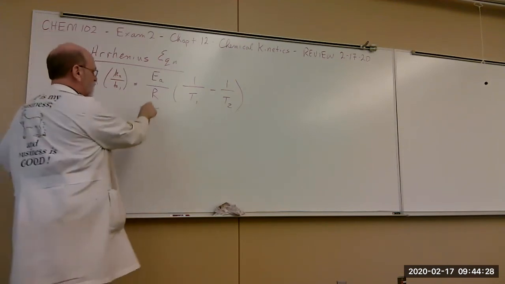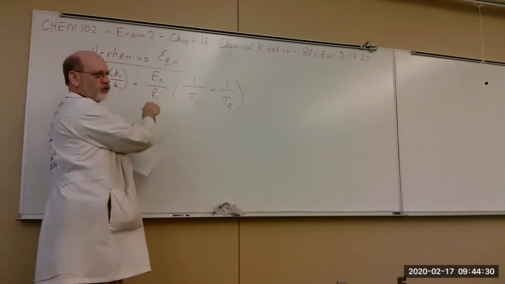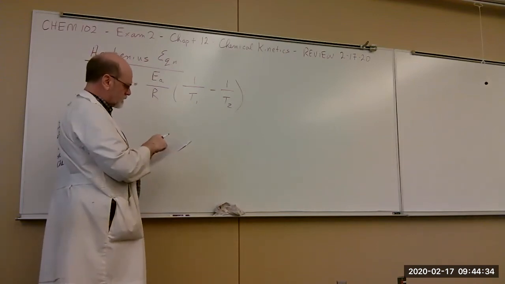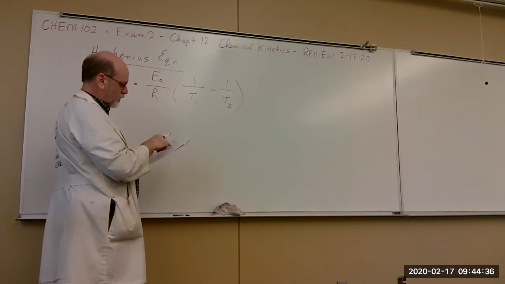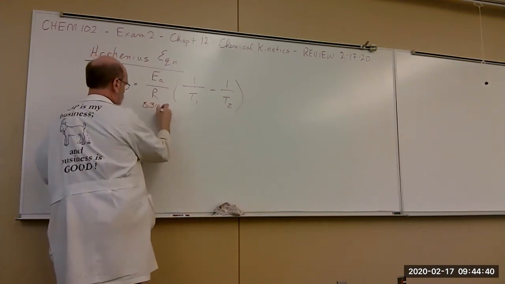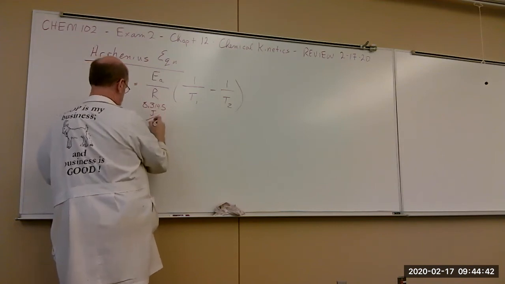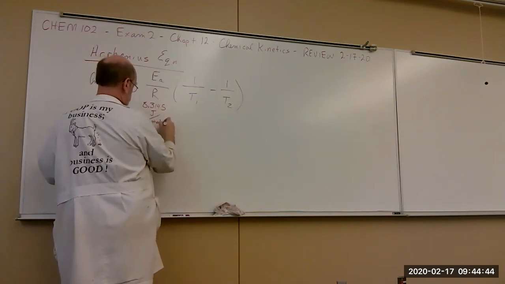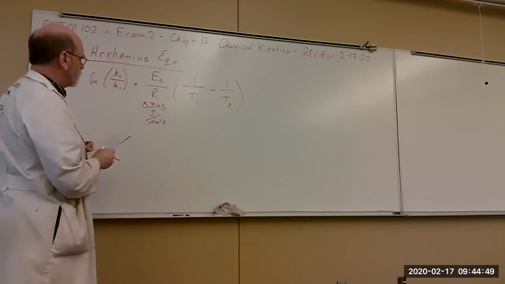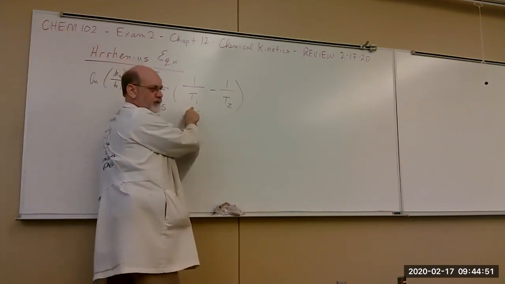Now, this is going to be the R with the joules in it, 8.3145 joules per mole K. These are going to be temperatures.